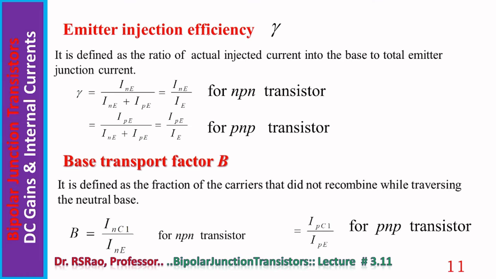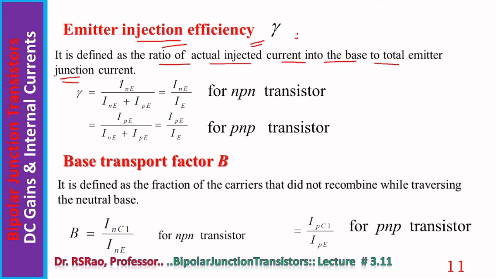Now, a few terms pertaining to internal functioning, internal currents, internal physics of BJTs, we consider here for discussion. First one is emitter injection efficiency, gamma. It is defined as the ratio of actual injected current into the base to the total emitter junction current.